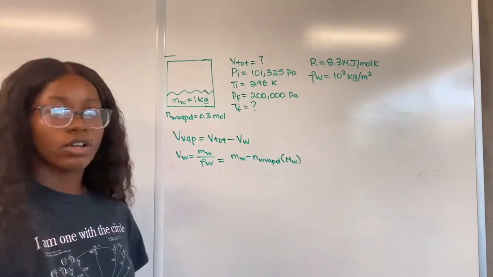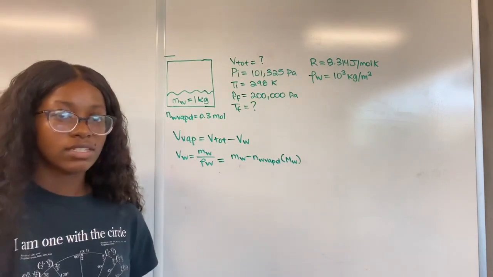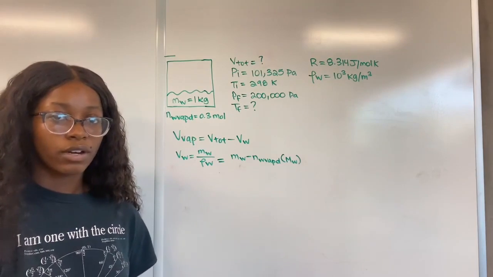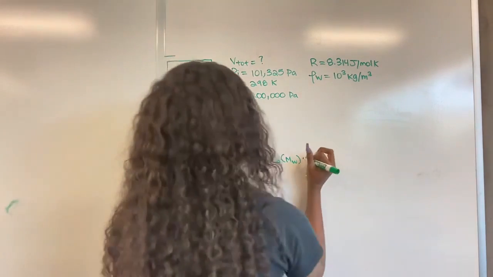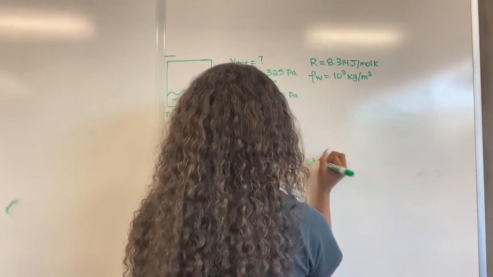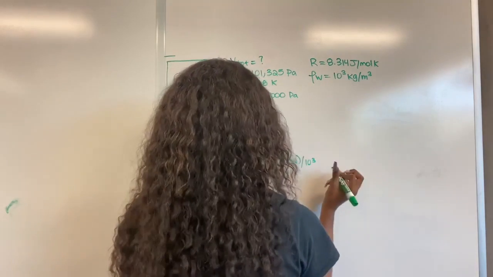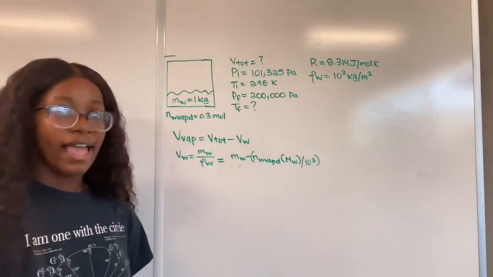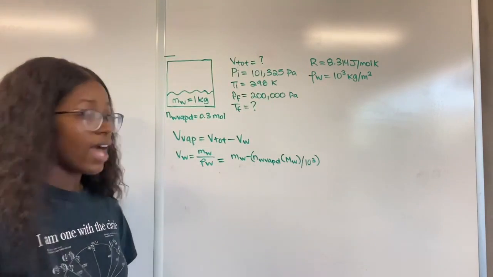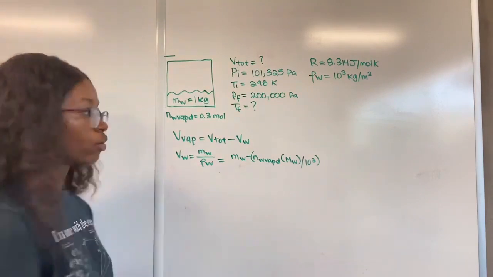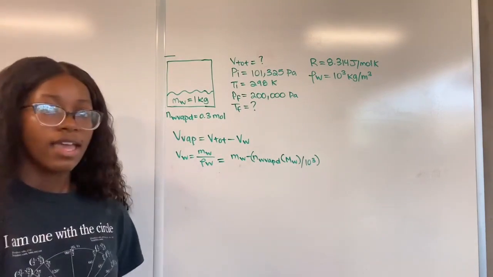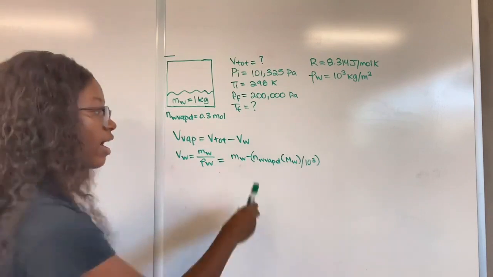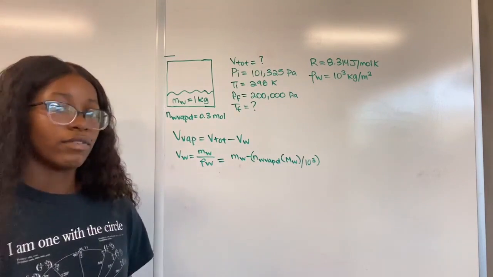To get it in kilograms, we'll simply divide it by 1,000, since that is the conversion from grams to kilograms. Now we've successfully gotten it into kilograms, so all of our units are consistent, and we're able to divide this entire expression by the density of water.